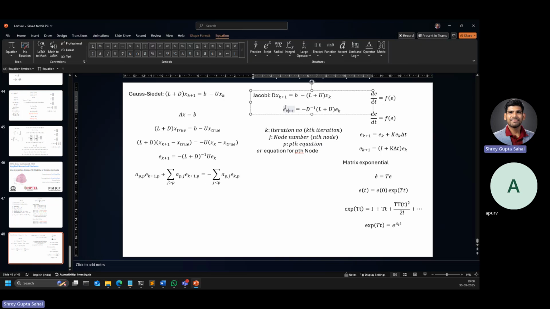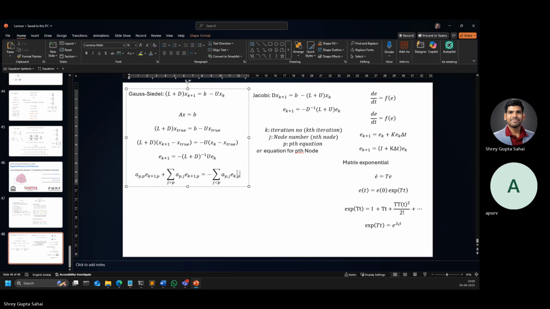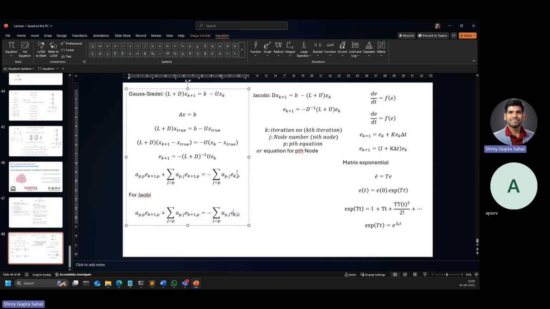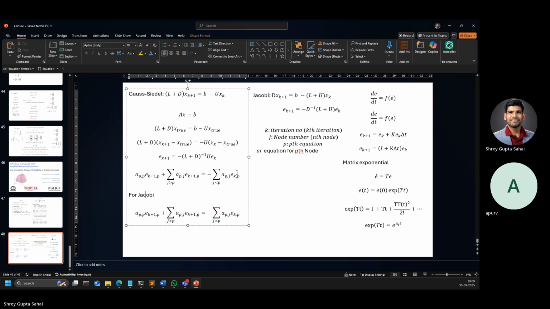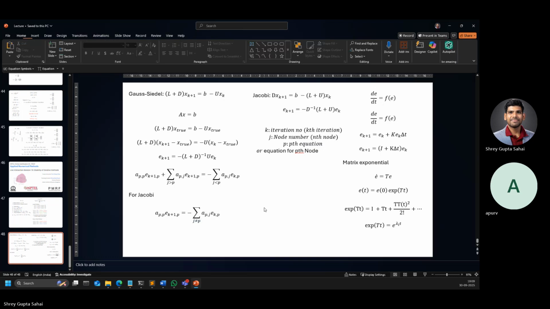And what if we do it for Jacobi? How do we write it for Jacobi? For Jacobi, this will be just J not equal to P, right? What do you think?